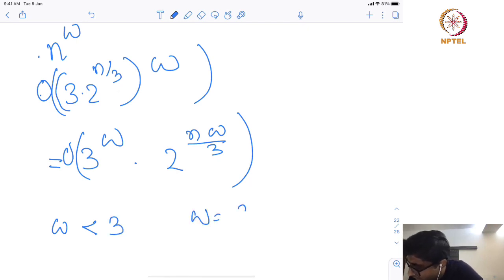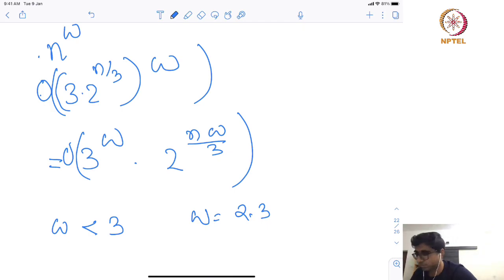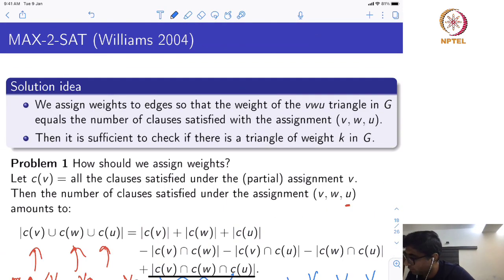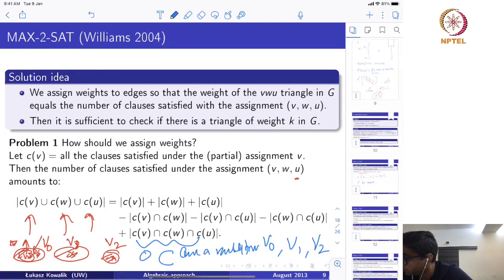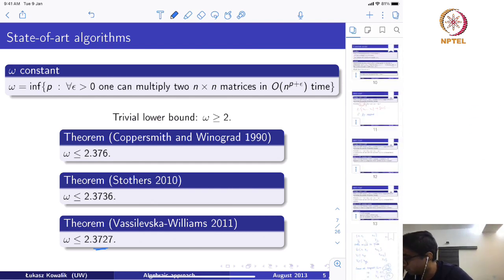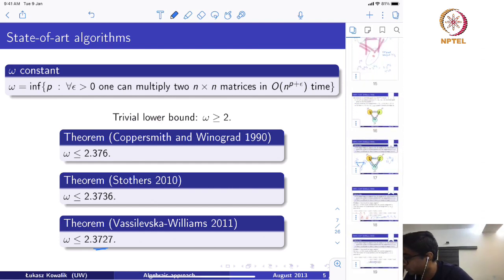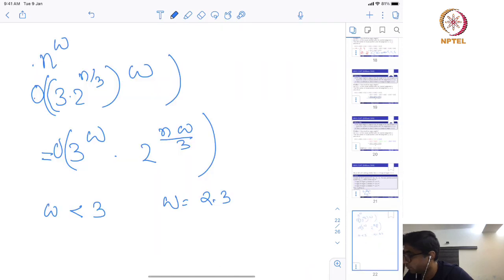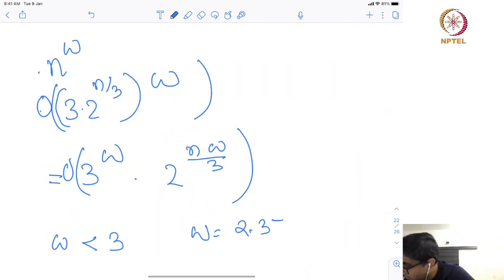In fact, omega is roughly 2.3 or something, let's say 2.37. So as omega is a constant, this is strictly less than 2 to the power n.